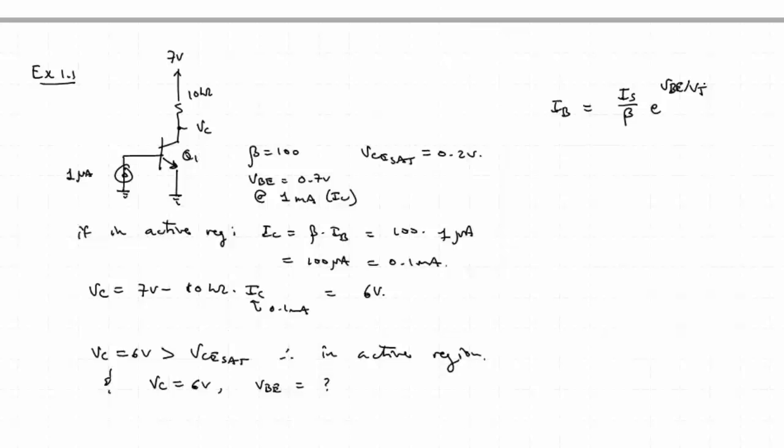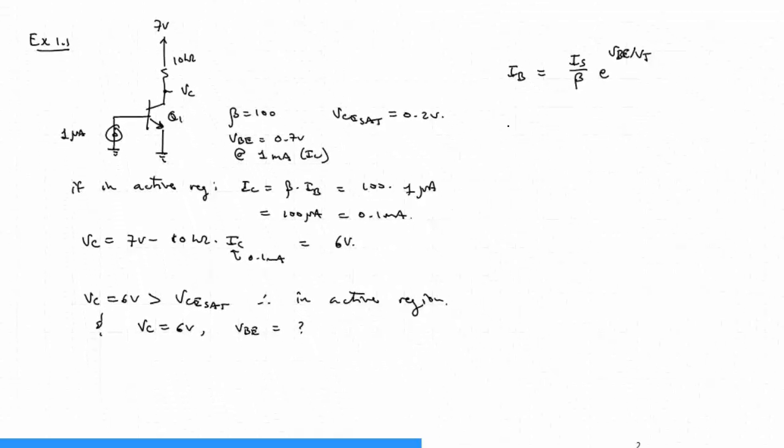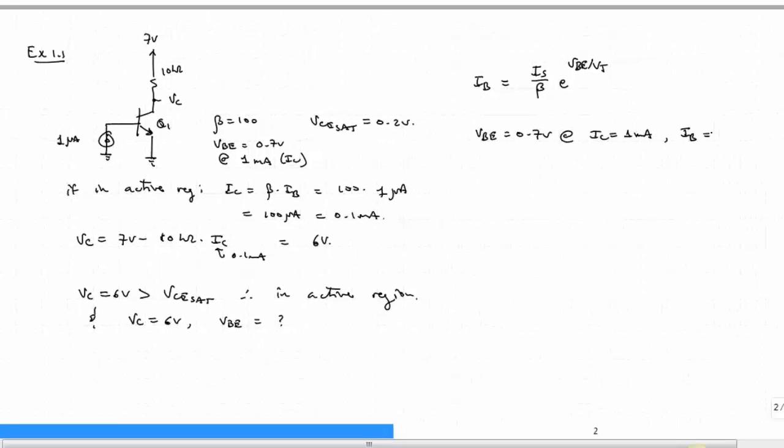Now we know that VBE is equal to 0.7 volts at IC equal to 1 milliamp, which is the same as saying IB is equal to 1/100th of that, so 10 microamps.